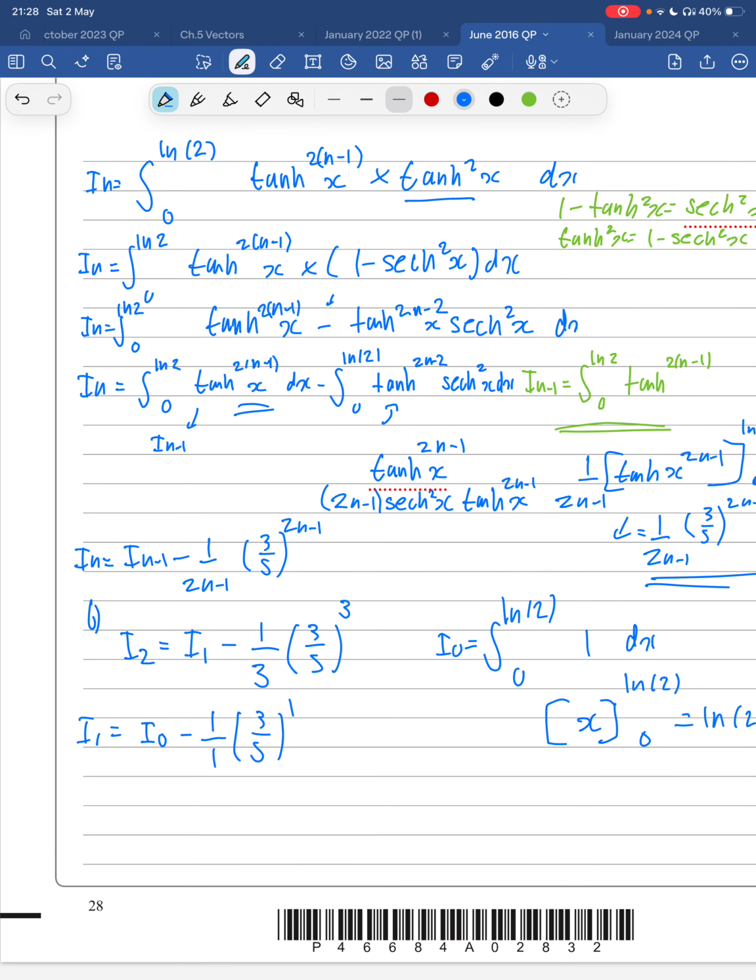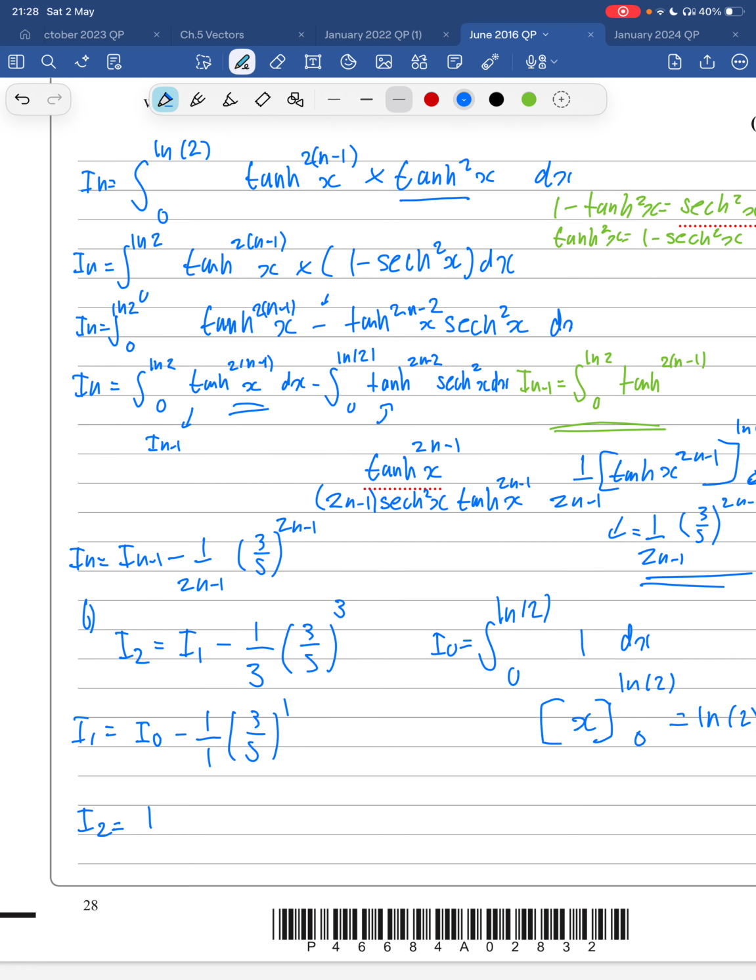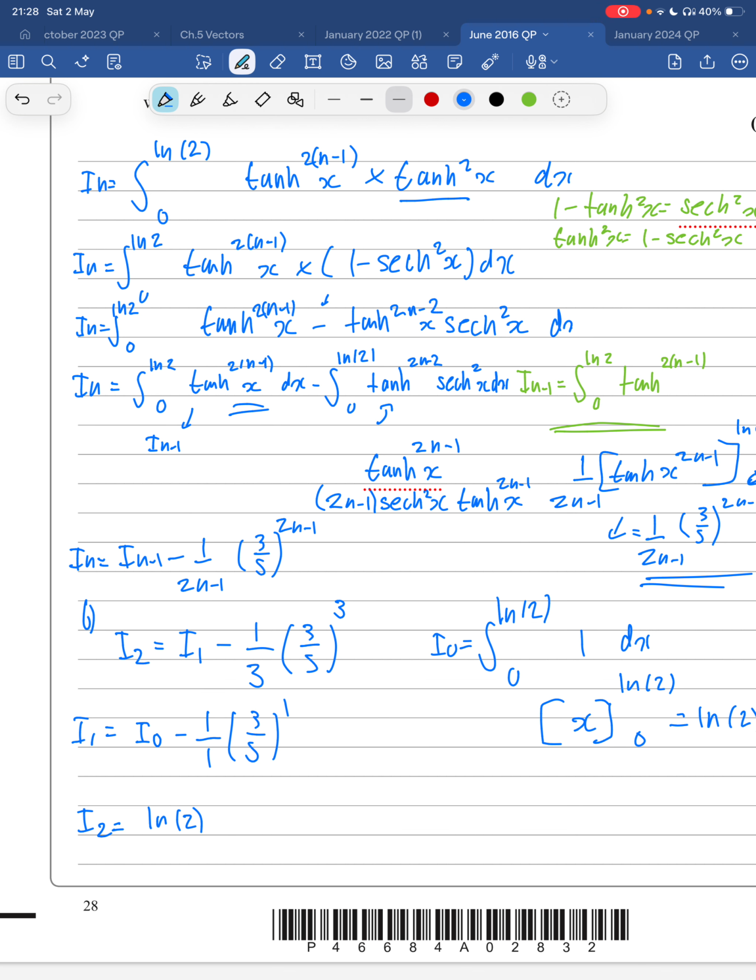So let's just plug everything in. I_4 is equal to I_2 minus 1 over 3 of (3/5)^3, where I_2 is equal to I_0, which is ln 2, minus 3 over 5.